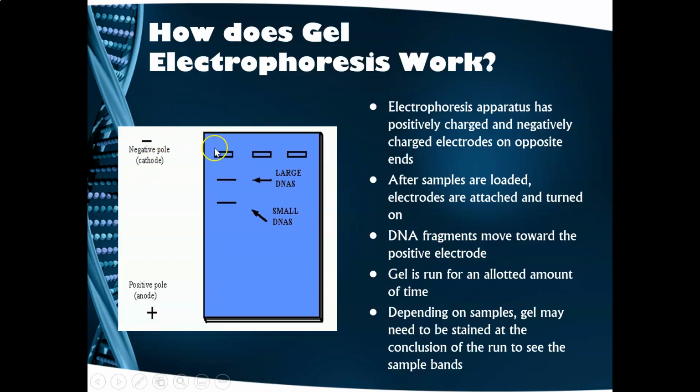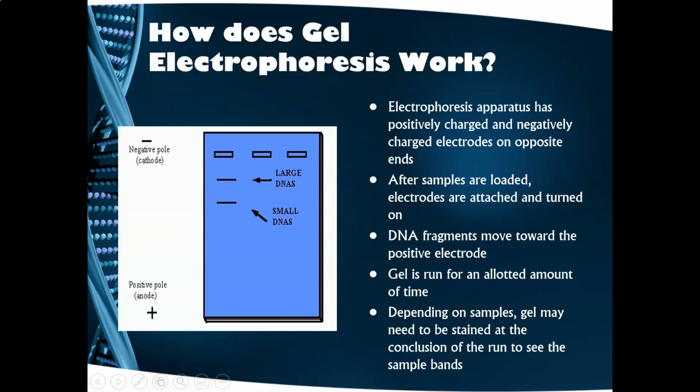And if I put something negative here, like charges, just like everything, will repel, while unlike charges, opposite charges, will attract each other. So by ensuring we put the DNA in this end, because it's negatively charged, it's going to then get attracted to the positive and it will run through that maze, that matrix here in the gel, and separate out those samples based on how big they are.